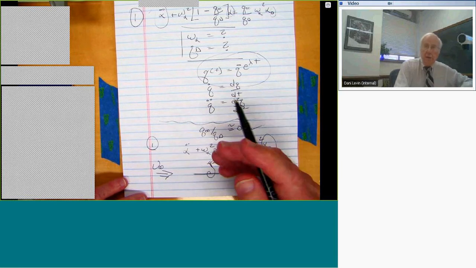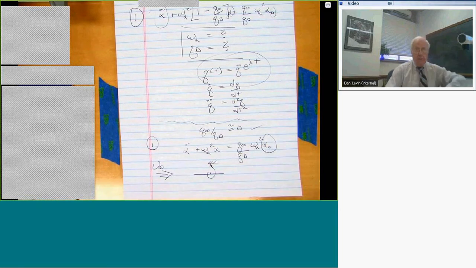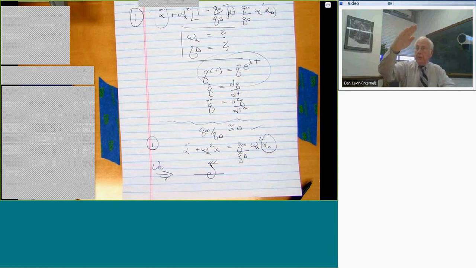But now I want to distinguish between the orientation of this airfoil relative to the oncoming flow and the orientation which corresponds to 0 twist of the spring, because those don't need to be the same thing. I could build my system so that initially there's an angle relative to the flow, but the spring is not yet twisted. That's alpha naught.